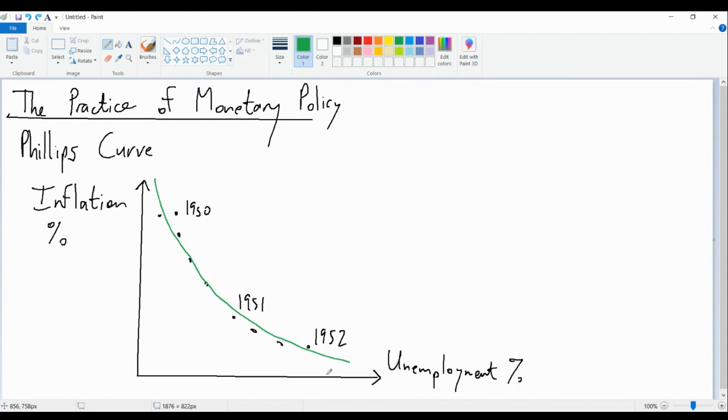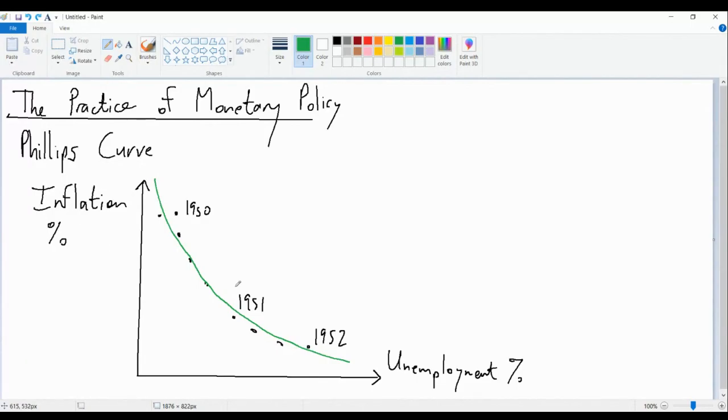At the time, and actually there are some people who still think of it this way, it was interpreted as kind of like a law of nature, that there was a trade-off between inflation and unemployment.